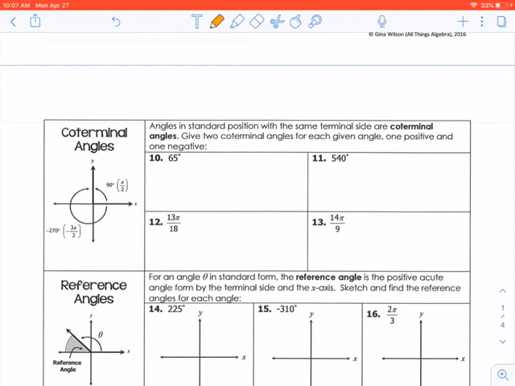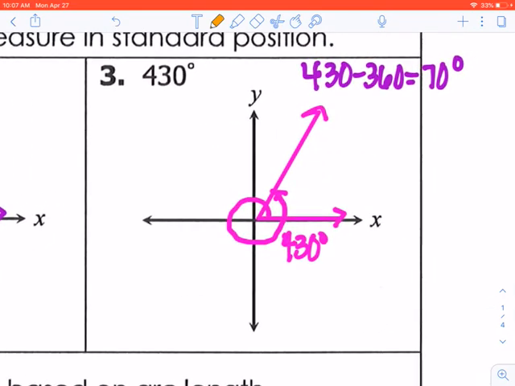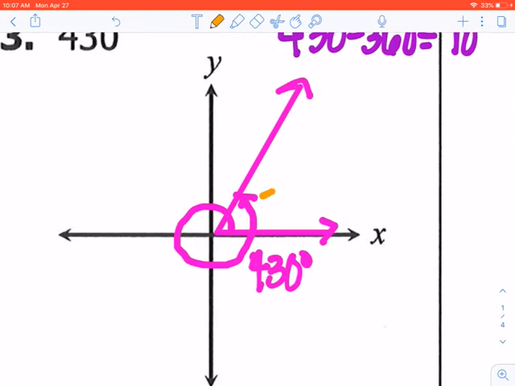Angles that are in standard position with the same terminal side are called coterminal angles, okay? Give two coterminal angles for a given angle, one positive and one negative. This is an example of, I said this right here, is this 430 degree angle. This 430 degree angle also is the same angle as this 70 degree angle, okay?